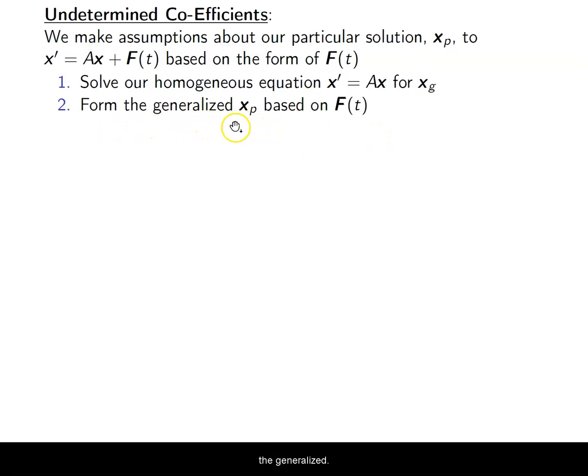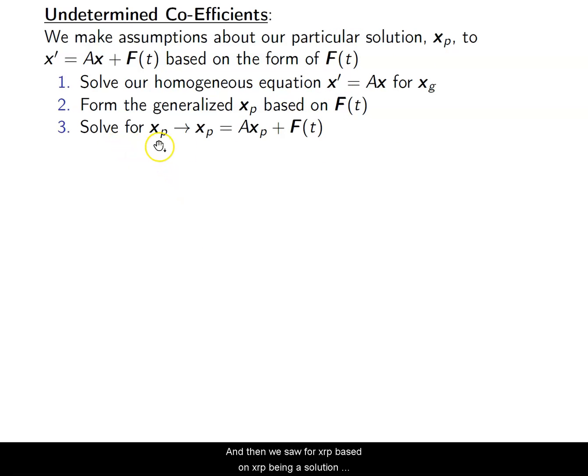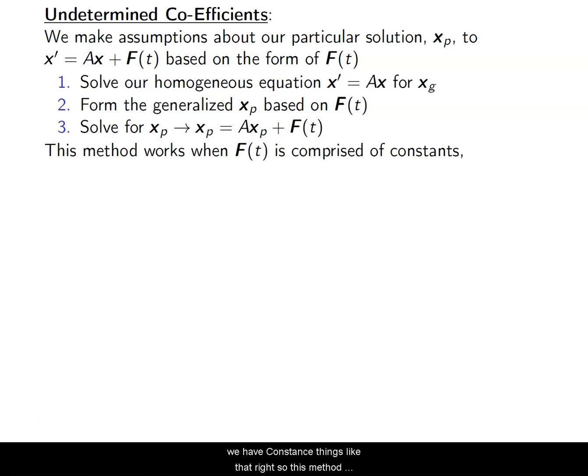Form the generalized particular solution based on what our f of t looks like. Then we solve for x_p based on x_p being a solution to the differential equation. Using this assumption, we can solve for any unknowns, constants, things like that.